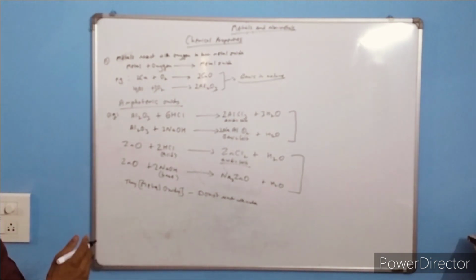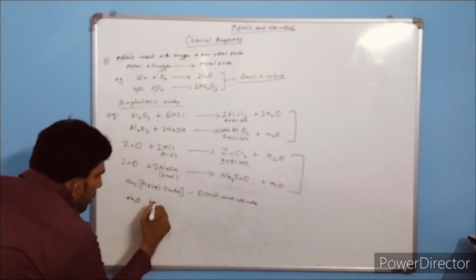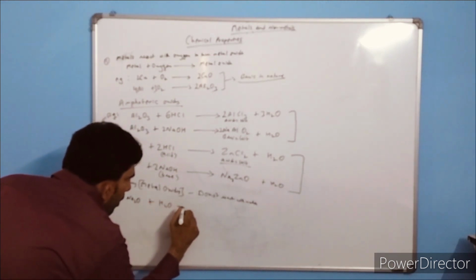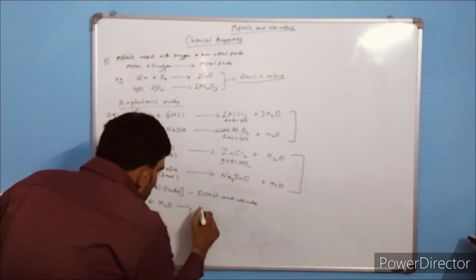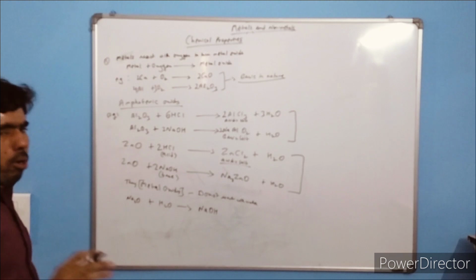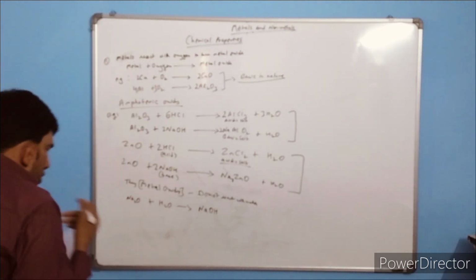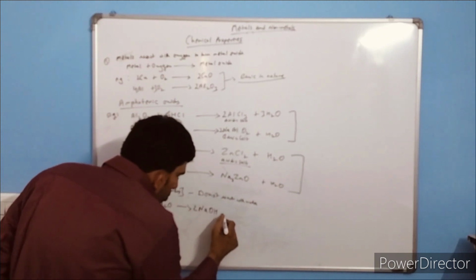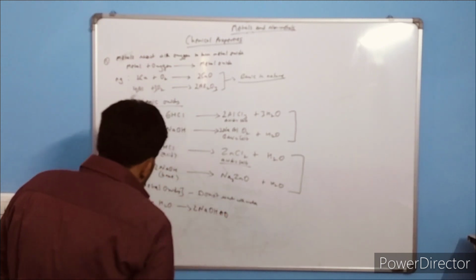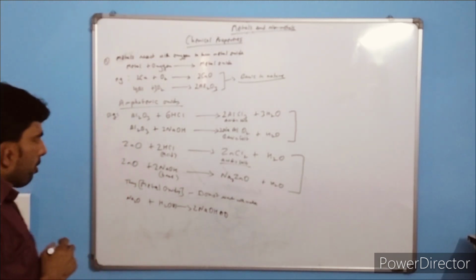They are water soluble. For example, if I take sodium oxide plus water, what will they form? Sodium hydroxide, that is a base, called an alkali because it is a water soluble base. So finally, aqueous, that is liquid form, so finally I got this.